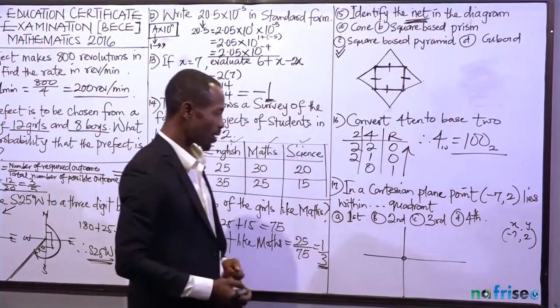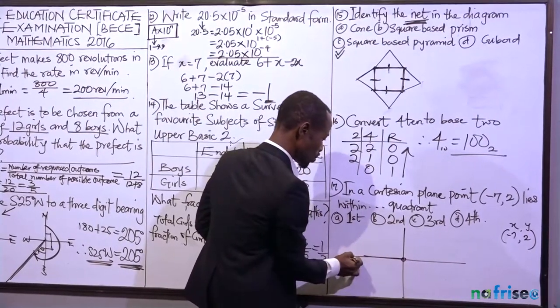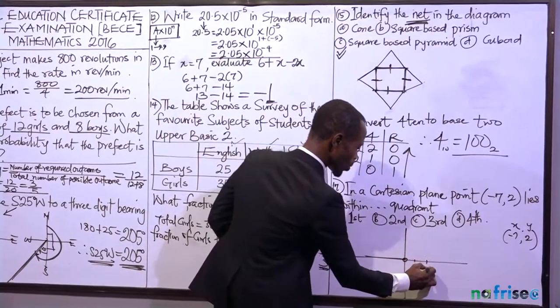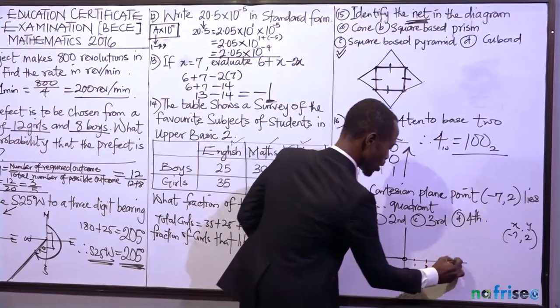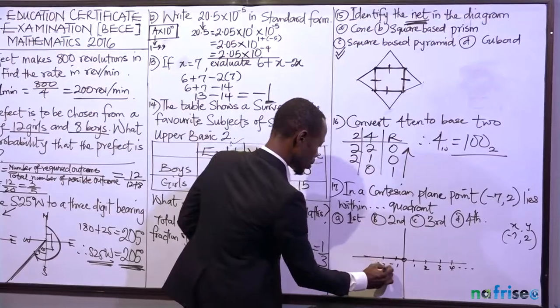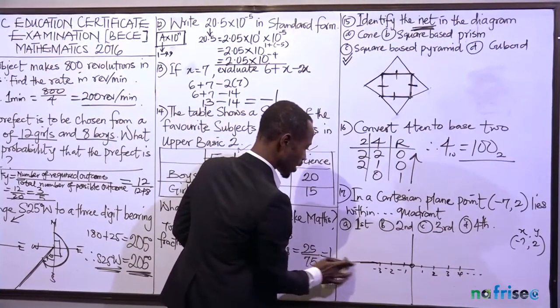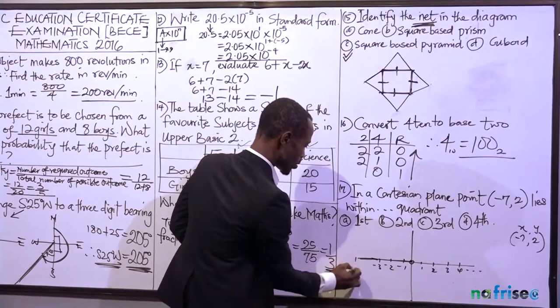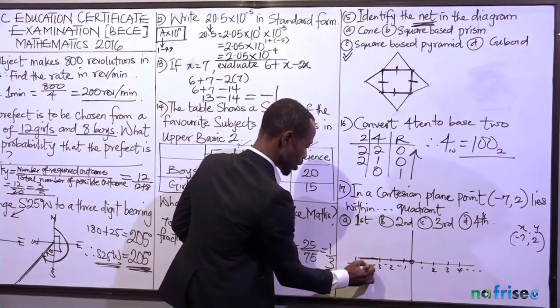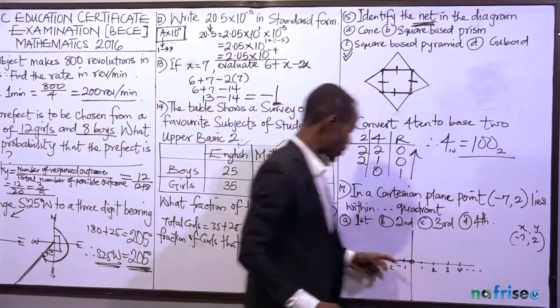So if x is -7, where can x be -7? It has to be on this side, because from here I will have +1, +2, +3, +4, and so on, and from here I will have -1, -2, -3, and so on. So -7 will be somewhere around here. X is -7, so it's on this side.